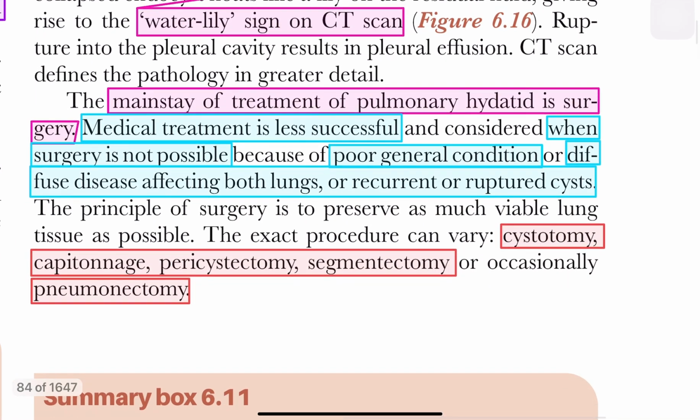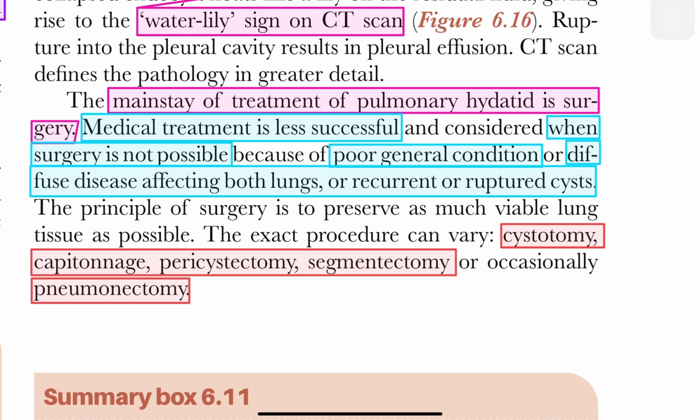So the mainstay of treatment of pulmonary hydatid disease is surgery. In both liver and lungs, the mainstay treatment is surgery. Medical treatment is less successful, but it is used if surgery is not possible because of poor general condition of the patient, diffuse disease affecting both lungs, and recurrent or ruptured cyst.